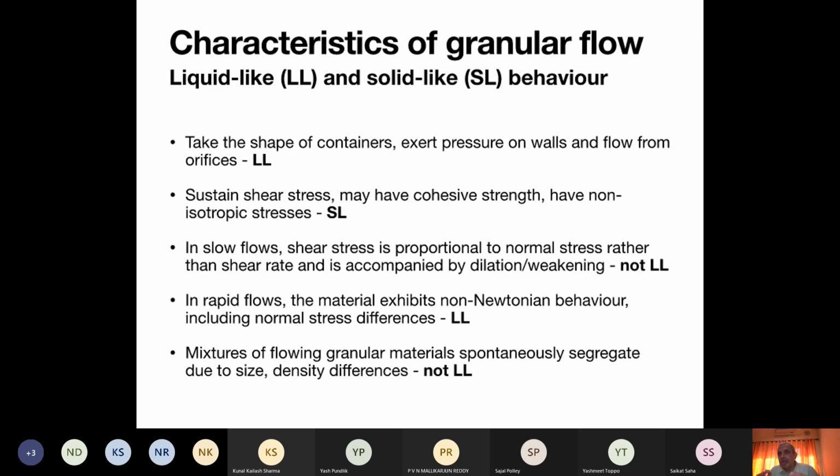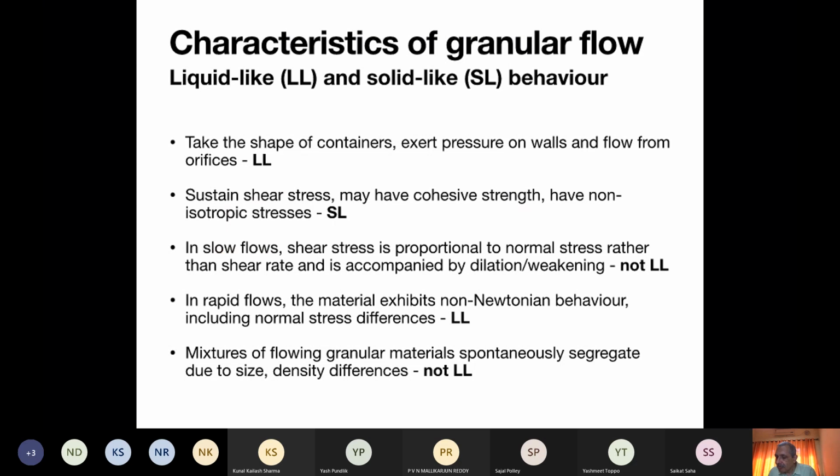That means it's sustaining a shear stress. You cannot make a liquid form a pile. So that behavior is solid-like. And also we have seen how it can have cohesive strength. And we'll see a little later that the stresses inside may also be non-isotropic. So all of these are characteristics of solid-like behavior.